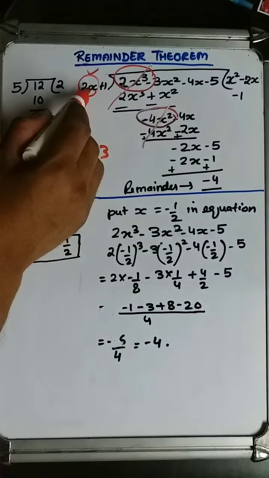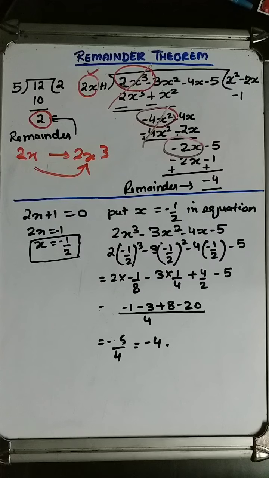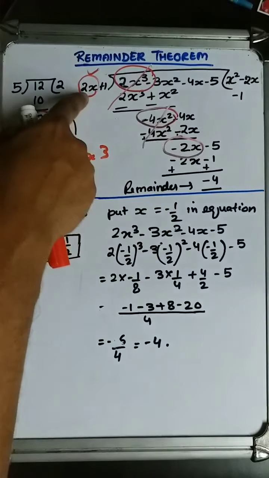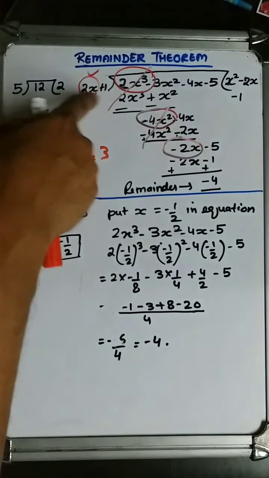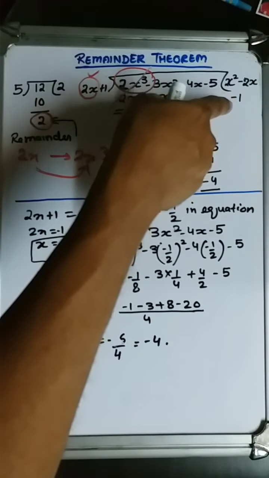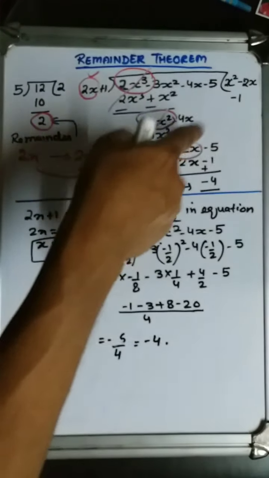Again, check the first term here. There is no need of multiplying any value here because we have 2x here, 2x here. Only there is a difference of sign. So to make it negative 2x, we have to multiply it by minus 1. So minus 1 into 2x is minus 2x.